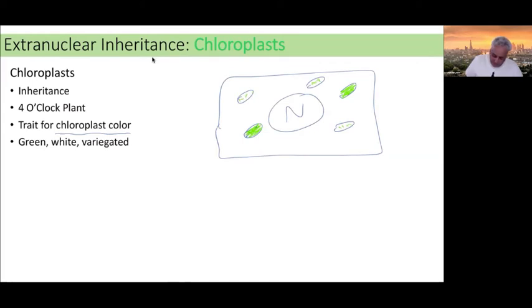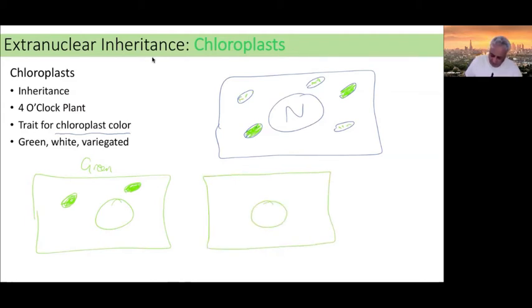Suppose we have cells that contain just the green chloroplasts. So those cells will be green, right? The chloroplasts inside those cells will make that tissue appear green from the outside. We can have other regions of the plant that only have white.